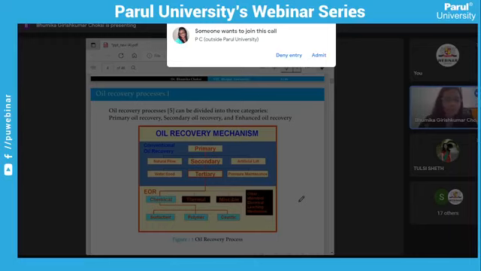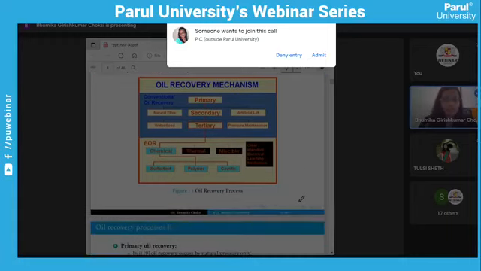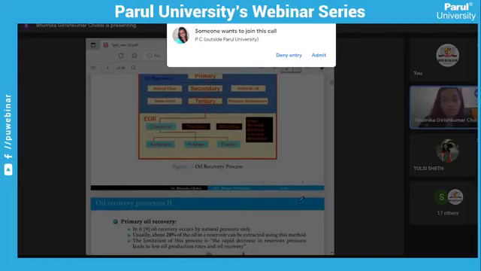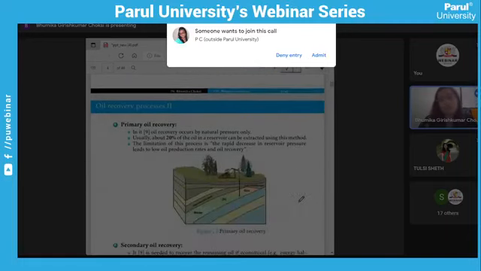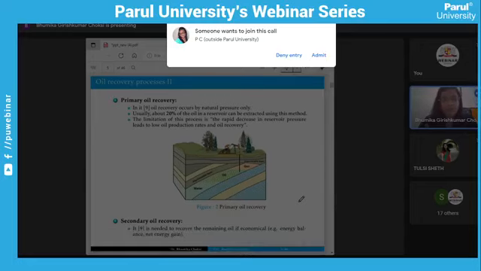Primary oil recovery means when we can recover oil by natural pressure only. You can see this in figure number 2. By natural pressure we can extract only 20% of the oil from the oil reservoir. That is very less. So for the remaining oil, we have to go for the secondary oil recovery process.